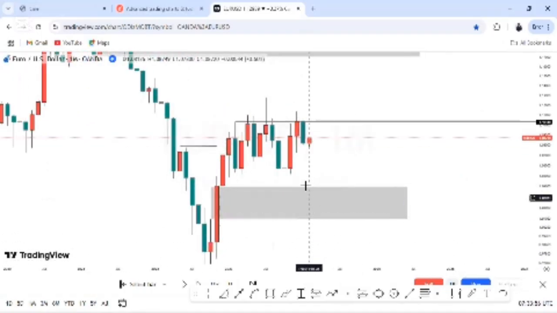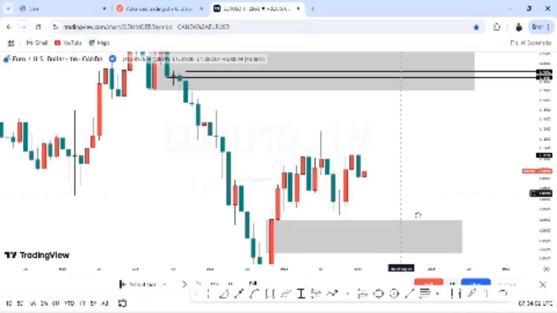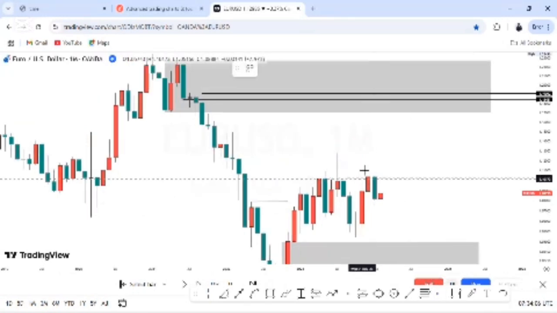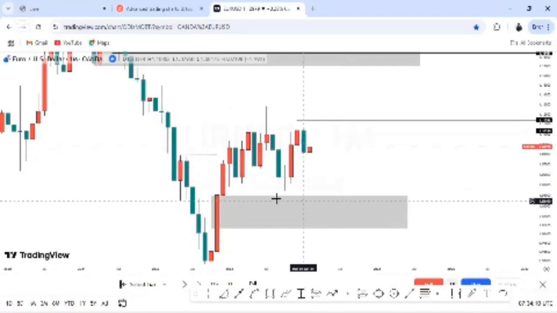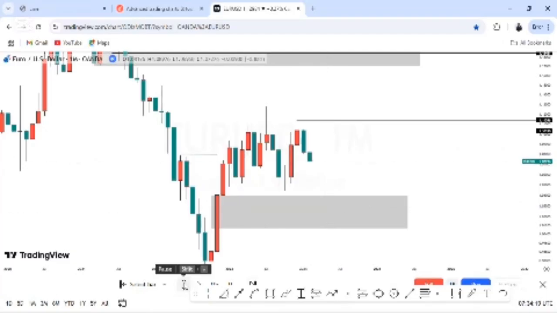So it doesn't mean that if the market offers us any buying opportunity, we will leave it. No, yes, we will take it, but we want to exit at the last high, that is this one, because the market has a lot of liquidity that is not yet consumed here below. So let's observe what the market offers us.